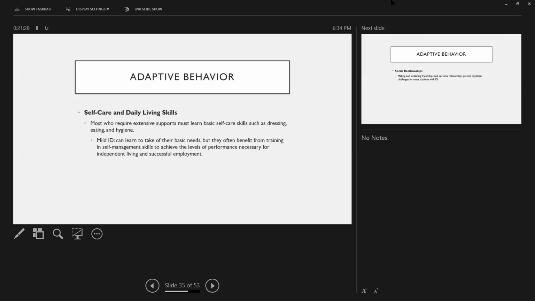Certainly people who are more mildly affected can learn to take care of their basic needs, but they might benefit from training in self-management skills to achieve the levels of performance necessary for independent living and successful employment. So they can do these things, but they just need some additional support to become more consistent in their self-management of them.